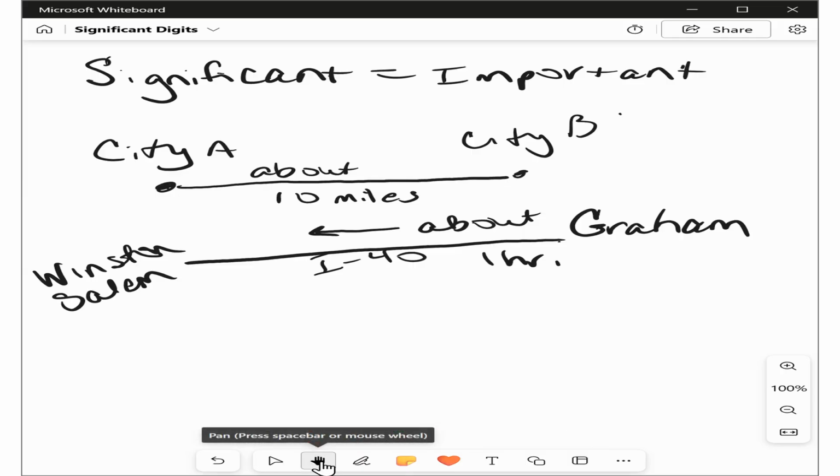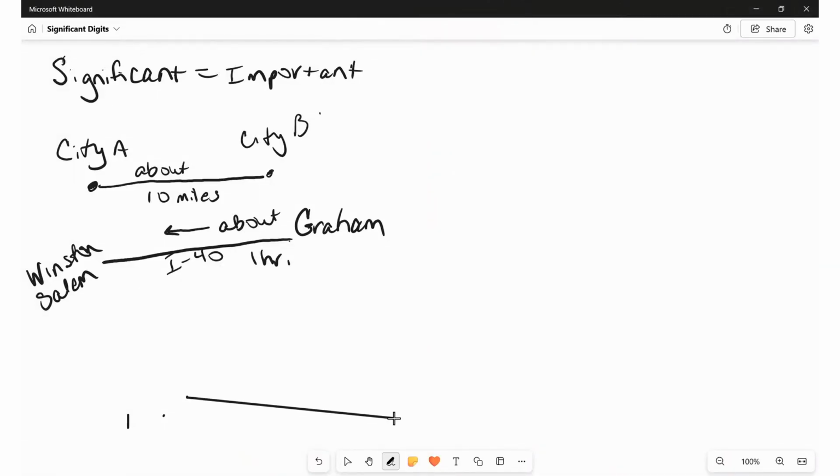Well, sometimes when we are dealing with certain numbers, trying to figure out why this thing is doing what it's doing here.